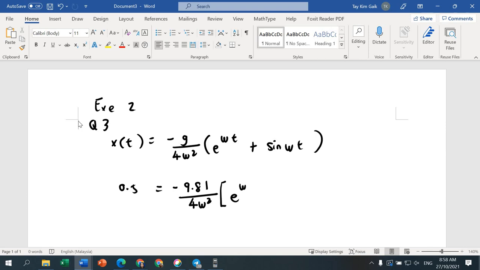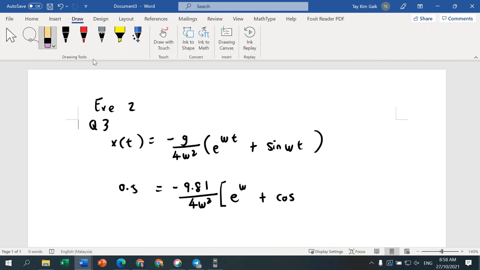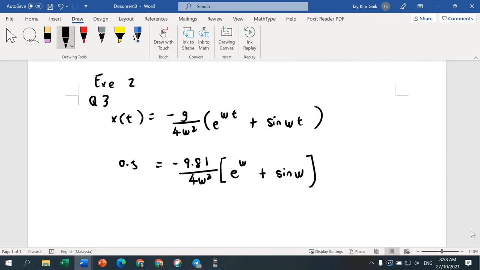Okay, t is 1, so exponent omega plus cos, sin omega, because t is 1. And then you make it become a nonlinear function.